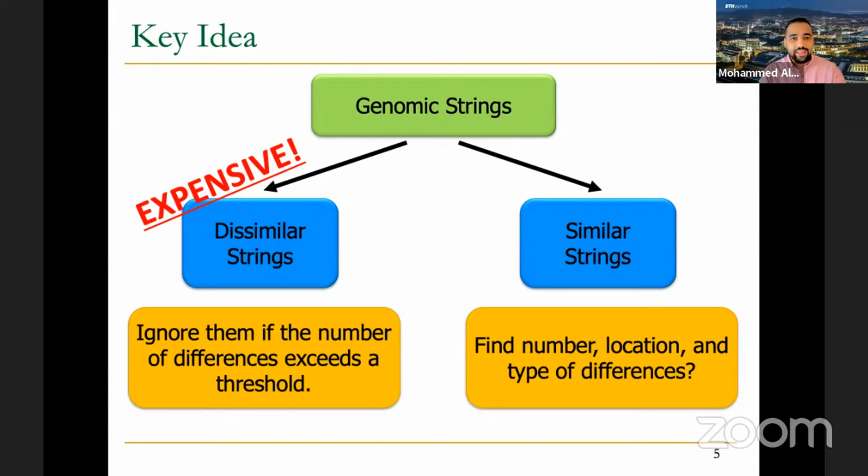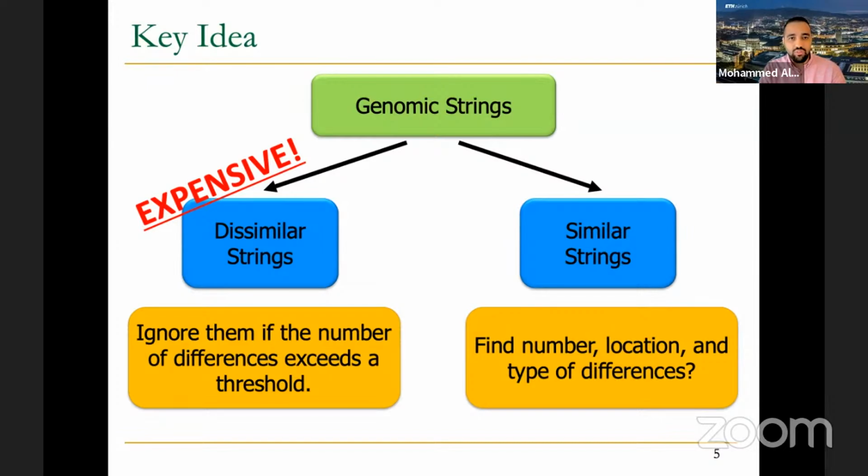Now, the exact number we figure out using our filter, we don't really need it to be the exact value that we would get using sequence alignment or the optimal algorithm. For example, if our threshold is 5 and the filter says the number of differences is 9, then it doesn't matter if this 9 is really true or false, as long as it's also above the threshold using the optimal algorithm.